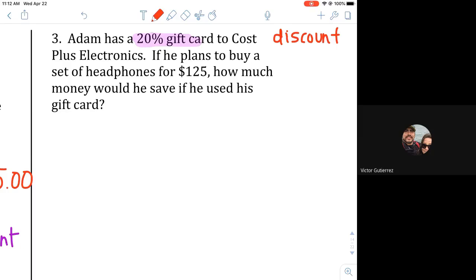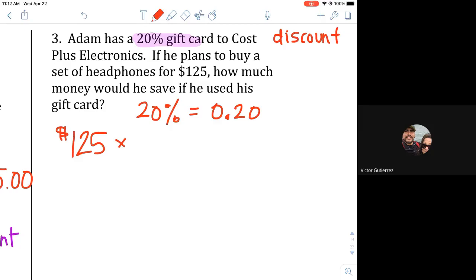So how much money would he save if he used this gift card? This one's pretty easy. We're going to take the amount of the headset, and we're going to multiply it by the decimal. And the decimal is going to be 20% equals 0.20. There's my decimal.